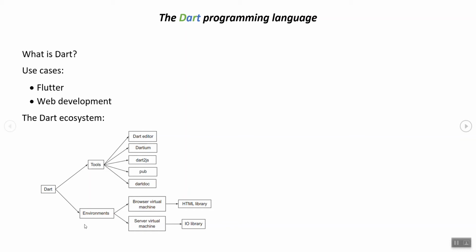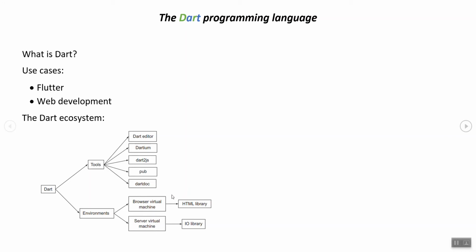And about environments, there are browser virtual machines and server virtual machines. And as I told you, Dart code can be run on the client side, which is the browser virtual machines like Dartium, Chrome, or other internet browsers, and also on server virtual machines because Dart can be used for server development too. And here are the environments.